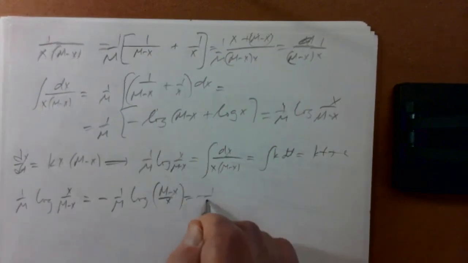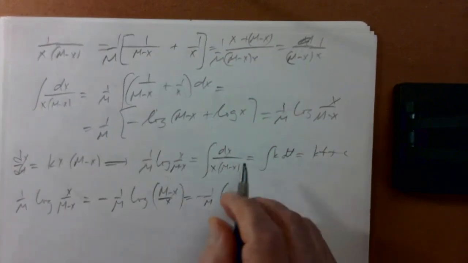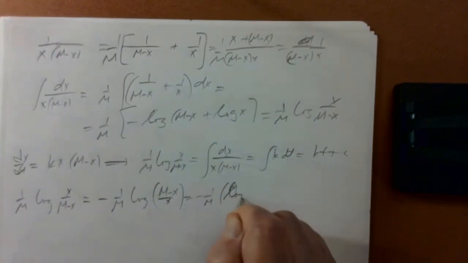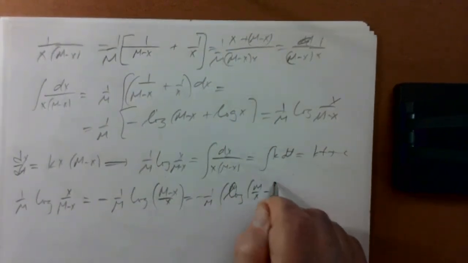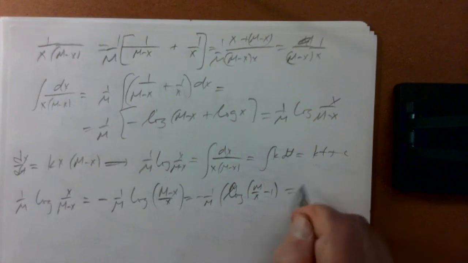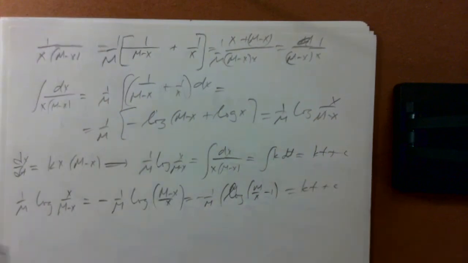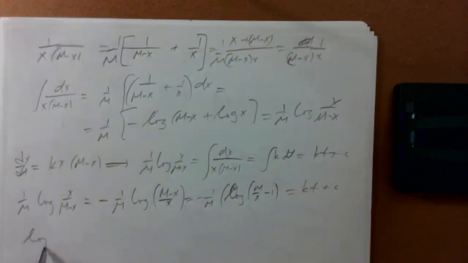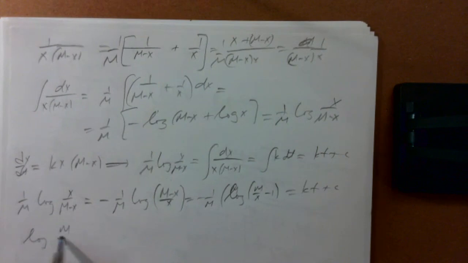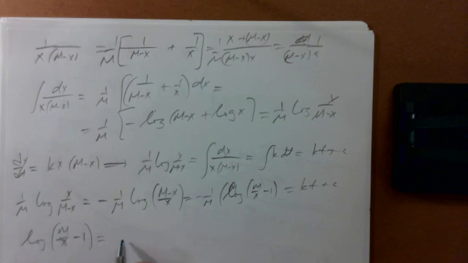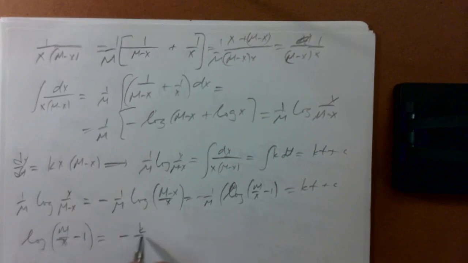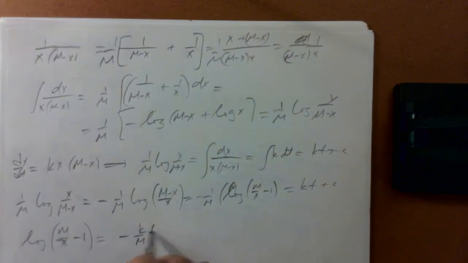So this is minus 1 over m times the log of m over x minus 1 equals kt plus c. So the log of m over x minus 1 is equal to minus k over m t plus a constant.